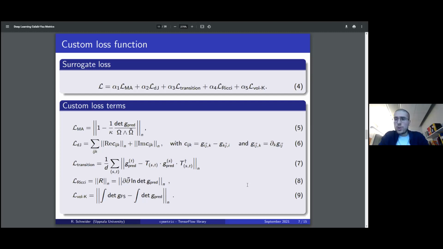So what we do instead is we have the metric tensor has some properties, and we enforce these properties in the loss function. So that gives us a long custom loss function with different contributions, and those are, on the one hand, the Monge-Ampère equation, essentially, which we had before. On the other hand, we want our metric to be Kähler.